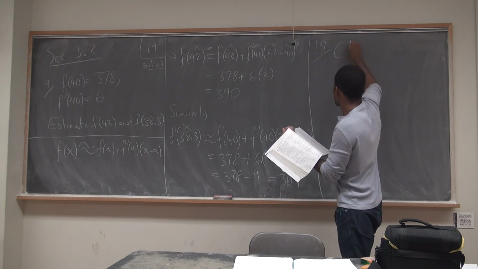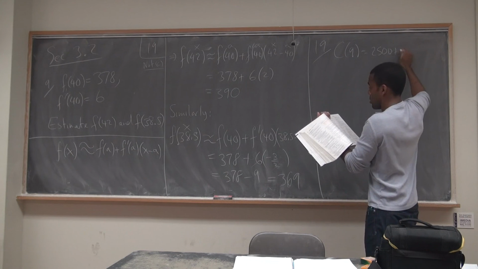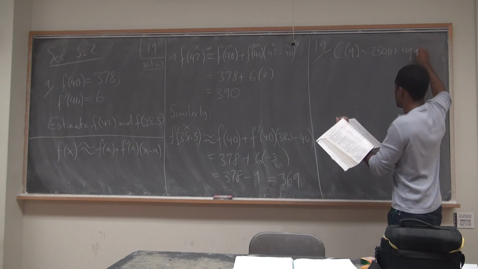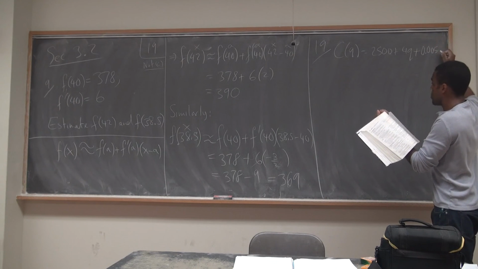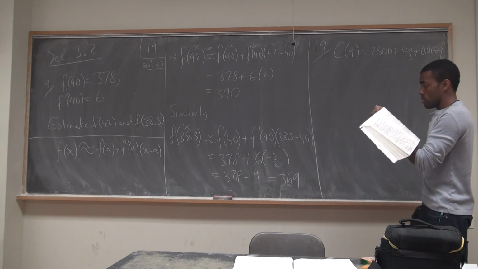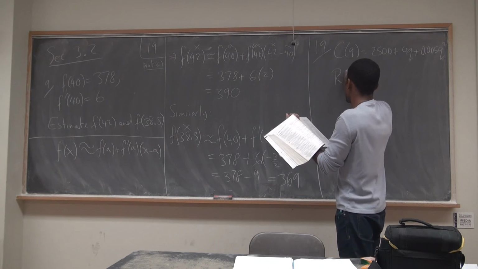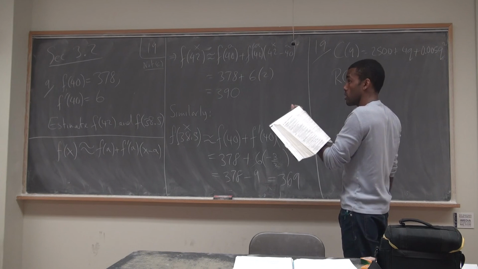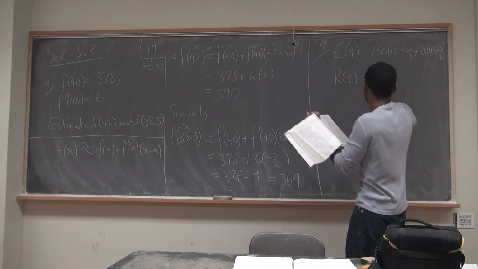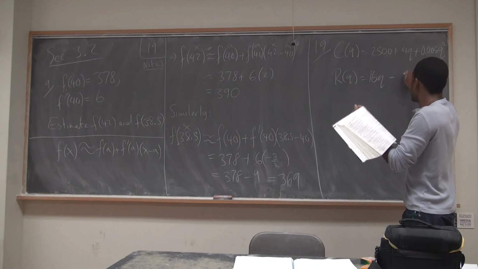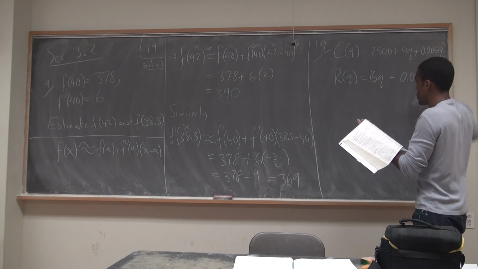So it gave you a cost function, C of Q, 2,500 plus 4Q plus 0.005Q squared. And it also gave you a revenue function. So it's going to be 16Q minus 0.002Q squared.